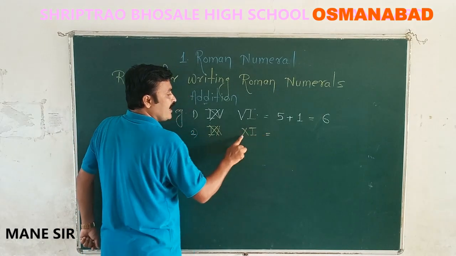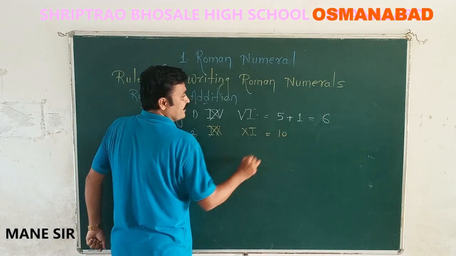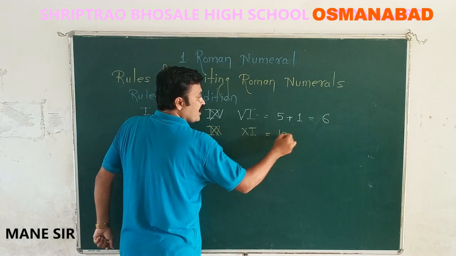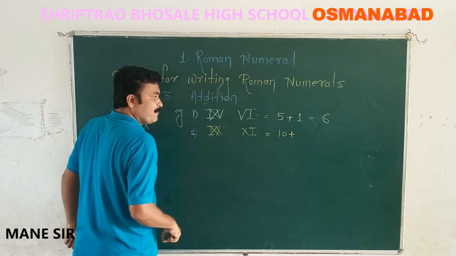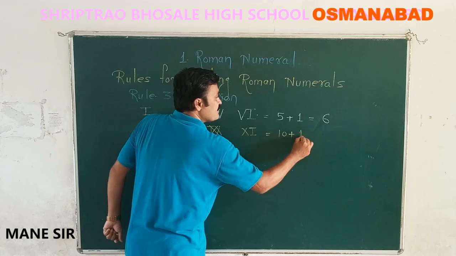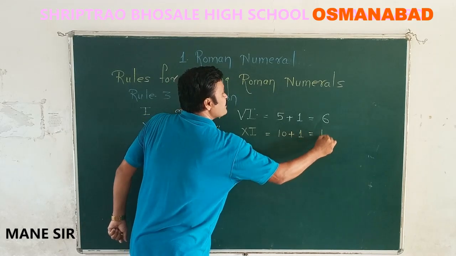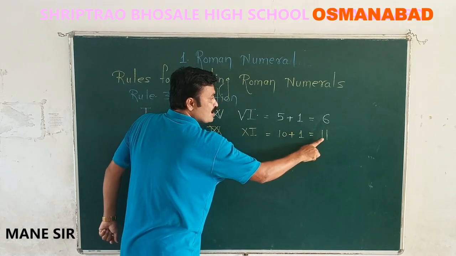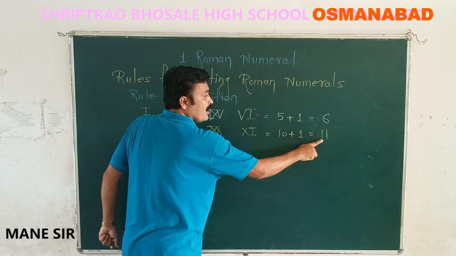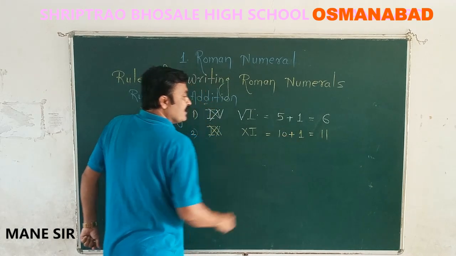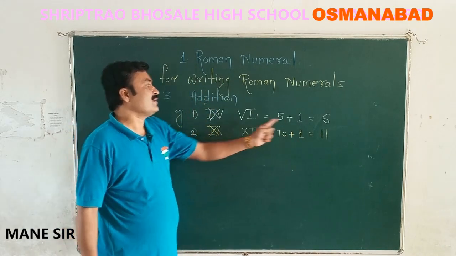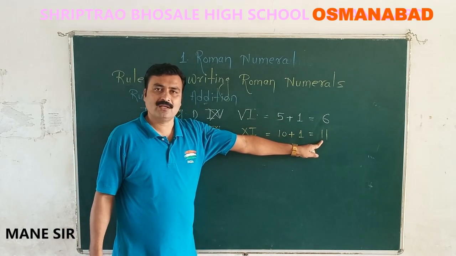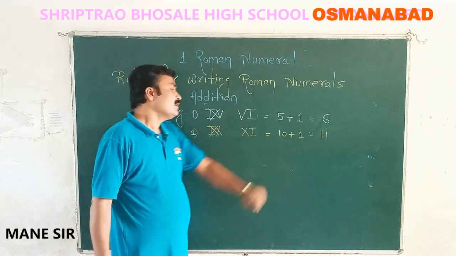In this condition, X means 10. Capital I we write after, so we take plus. Capital I means 1. So 10 plus 1, we get the international number 11. In this way, XI represents the international number 11.